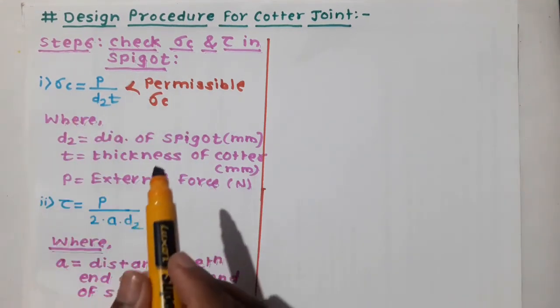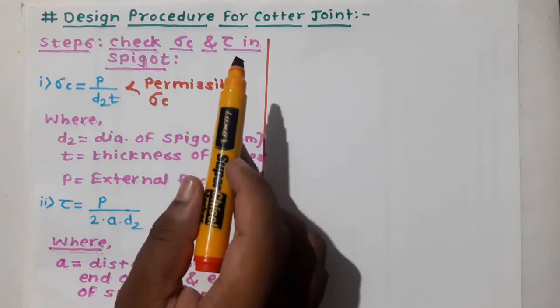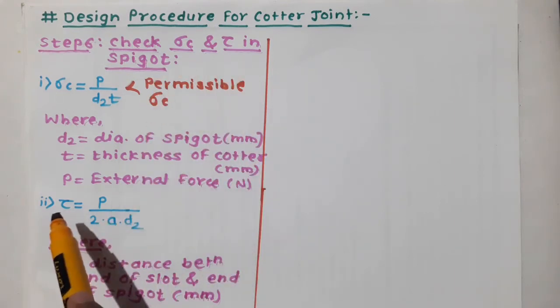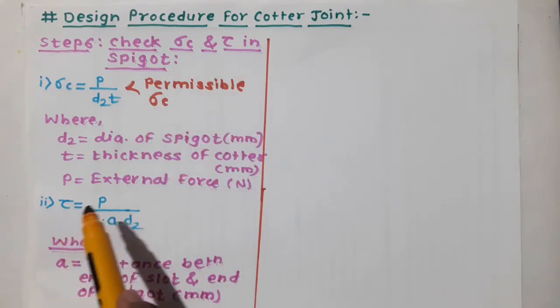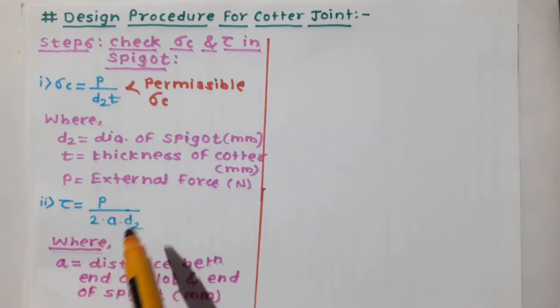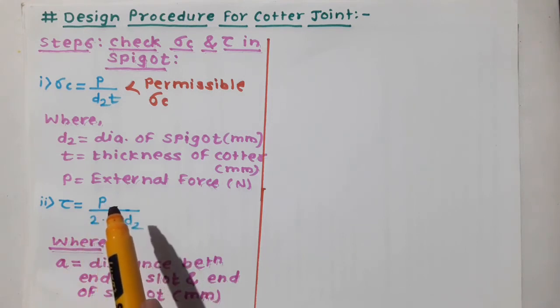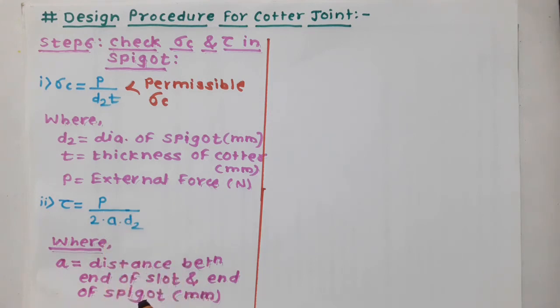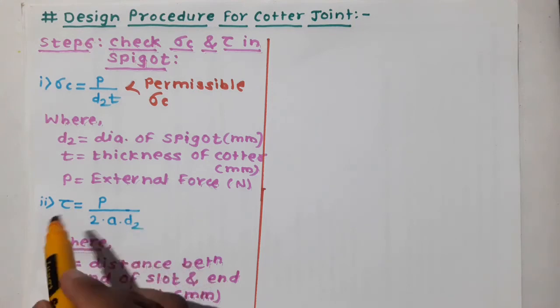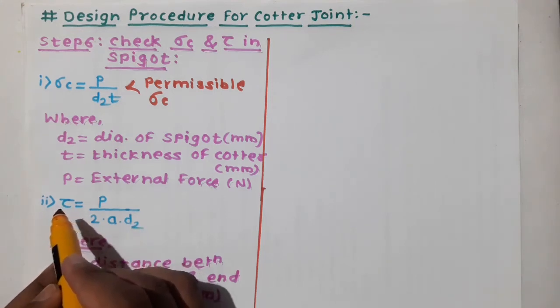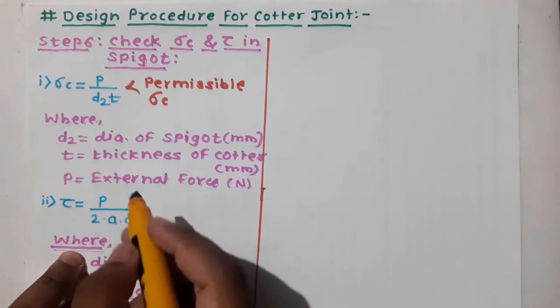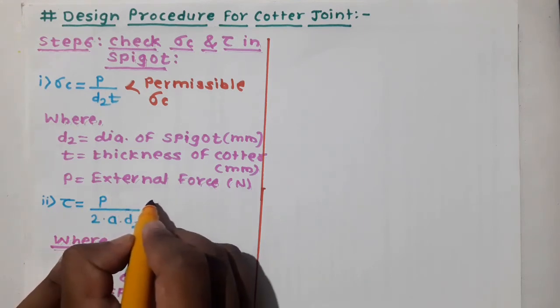Now the second stress that we have to check is shear stress in the spigot, and this is the equation that I have written from the strength equation. Tau is equal to p upon twice a into d2. In this equation, we have to put the value of P, external force in Newton, a is the distance between end of slot and end of spigot in mm, d2 is the diameter of spigot. Now, once you calculate this induced shear stress tau in the spigot, we have to compare this value with the permissible shear stress.